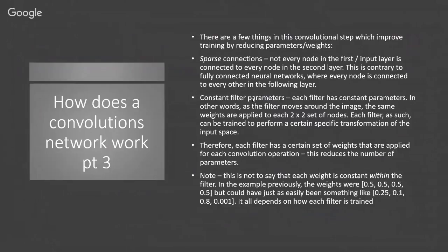This reduces the number of parameters. Note, this is not to say that each weight is constant within the filter. In the example previously, the weights were 0.5, 0.5, 0.5, 0.5, but could just as easily have been something like 0.25, 0.1, 0.8, 0.001. It all depends on how each filter is trained.